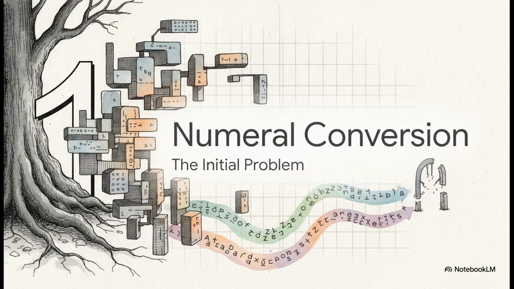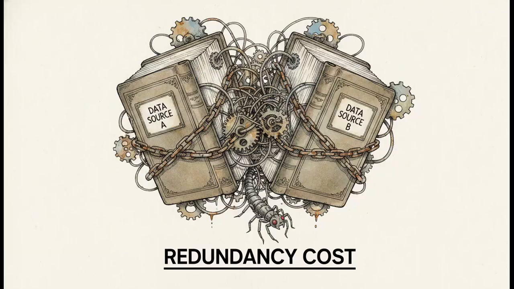Section 1. The numeral conversion problem. When you're faced with needing to output two completely different sets of characters for the exact same input digits, the most obvious approach is usually the most literal one, right? You might be tempted to write two totally separate blocks of code to handle each translation. But, as Ang points out in the notes, writing completely separate character maps is incredibly inefficient.